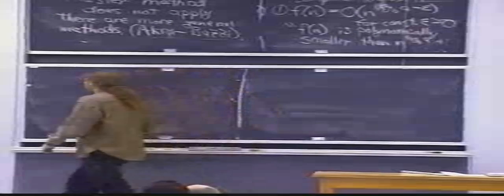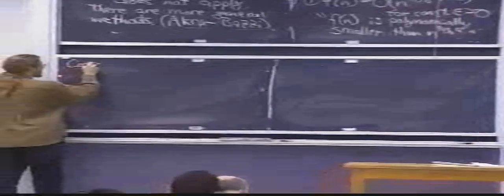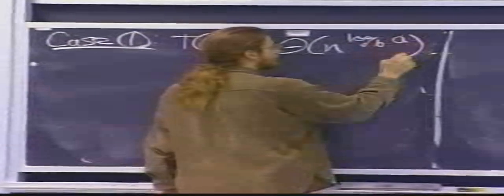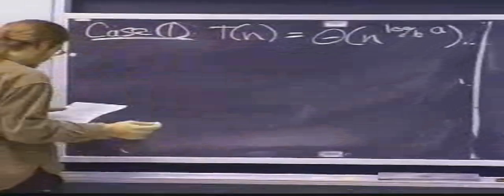So the idea is that in case 1, remember, case 1 was when n to the log base b of a dominated. Okay? And what's going on here is that the leaves are what matter.